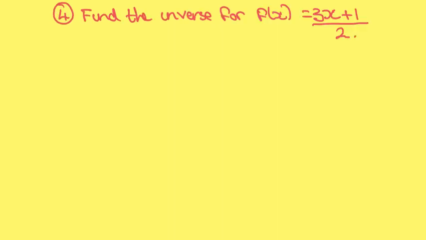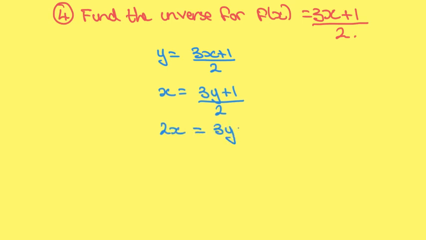Question 4. Find the inverse for f of x equals 3x plus 1 divided by 2. Replace f of x with y. So that y equals 3x plus 1 over 2. Now interchange x and y, so we get x equals 3y plus 1 over 2. Solve for y, so we get 2x equals 3y plus 1. So we get 2x minus 1 equals 3y.